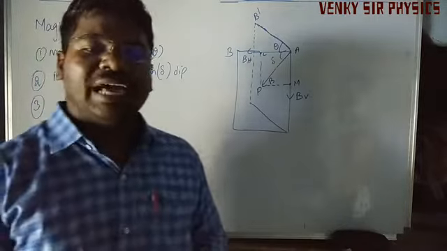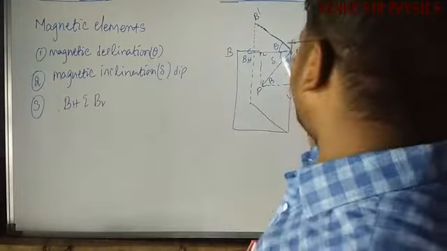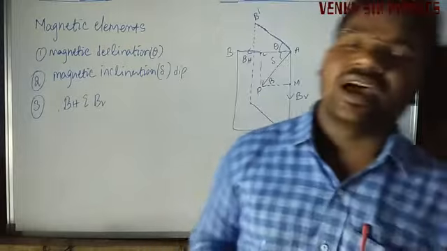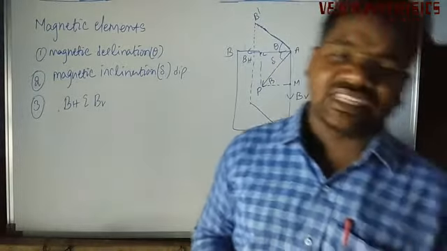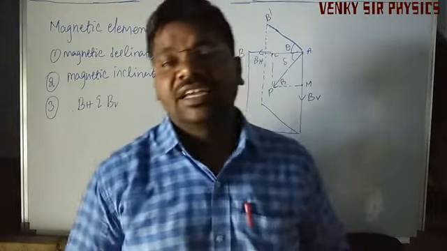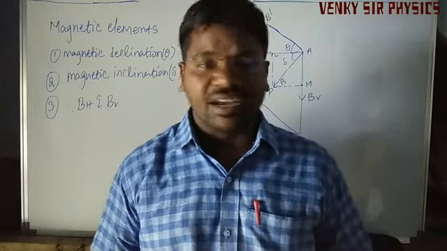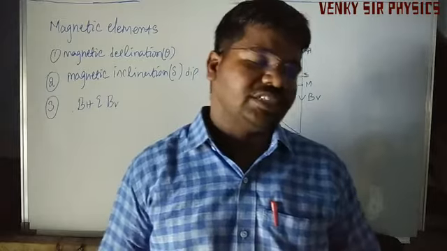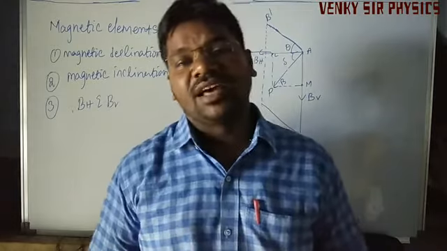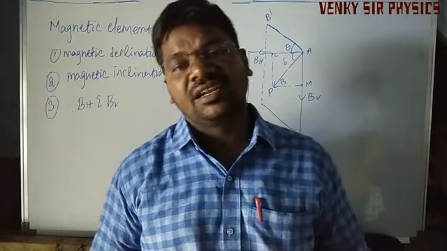Coming to the second one, magnetic inclination or dip. Magnetic inclination or dip is defined as the angle made by the direction of the earth's total magnetic field with the horizontal direction.